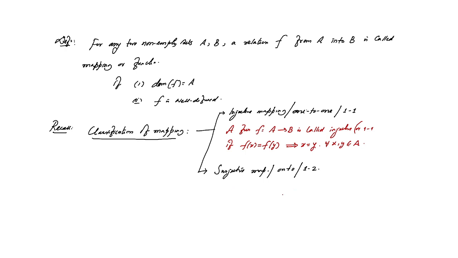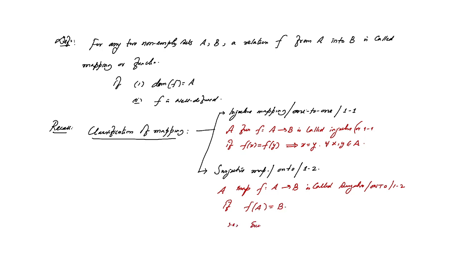When you talk about the surjective mapping, a map f from A to B is called surjective, or onto, if f(A) equals B. What is the meaning of f(A) equals B?